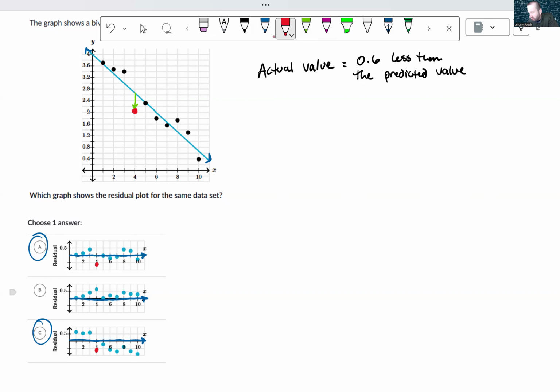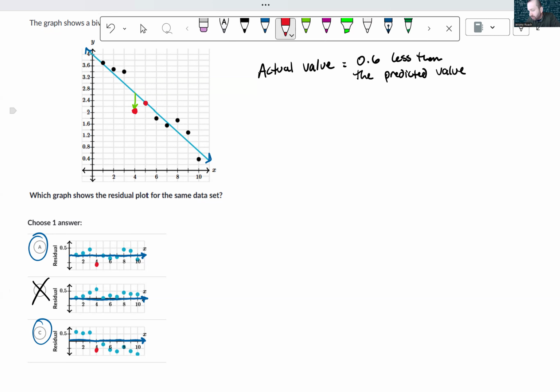Let's take a look at some other values now. It looks like when x is 4 for answer choice B, by the way, it's 0.6 units above. And so we can cross out B. That's not correct. But let's take a look at another data point here. I'm just going to choose this data point, and you can choose any data point that you want, really.